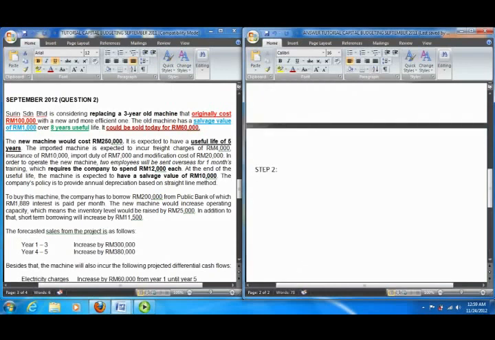Alright, class. Step 2. Calculate depreciation for both machines. What is the formula for depreciation?